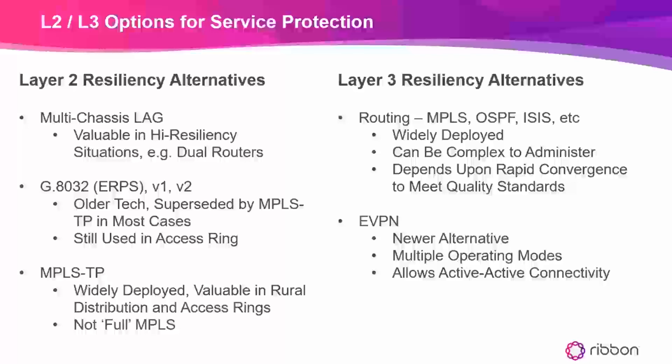On the layer 3 side, on the routing side, of course, you have routing protocols, right? And I'm including MPLS here. I think traditionally we put MPLS at layer 2.5, but let's just call it what it is, right? It's a routing protocol. So these are protocols that are very mature, have a lot of metrics, a lot of ways to define your network. And the reason why they are much more complex than, say, the layer 2 alternatives is because they are deployed frequently in a partial or a full mesh topology.